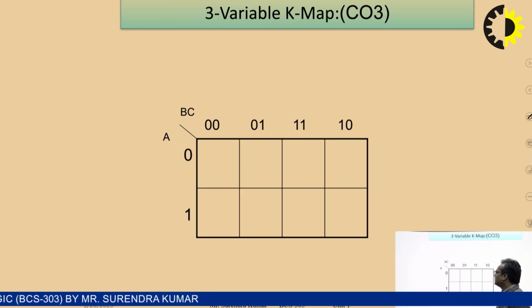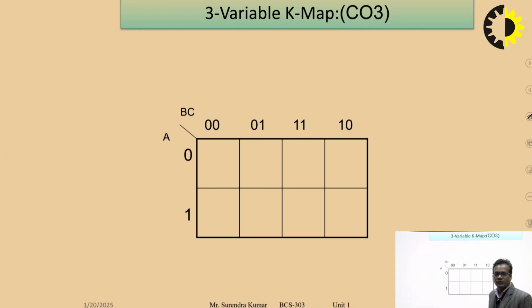If we use this kind of 3 variable map, we can have different cases for how to combine, how to solve the given function. For example, if we have a function having terms 0, 1, 2, 3, 5, so on 0 we will write 1, on 1, on 2, on 3, on 5 we write 1. The cells are 0, 1, 2, 3, 4, 5, 6, 7.